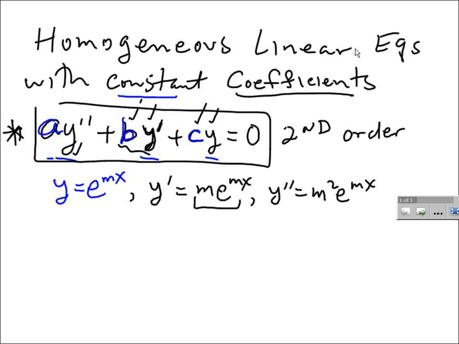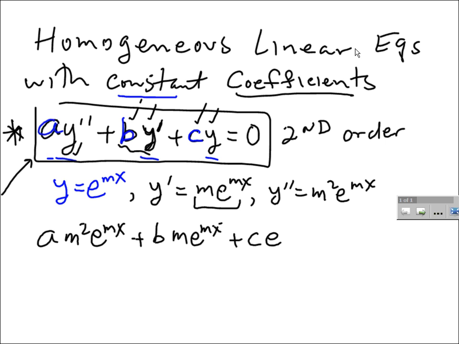So when I talk about the star equation, I mean that one. So it's a times y double prime, plus b times y prime, plus c times y, equals 0.